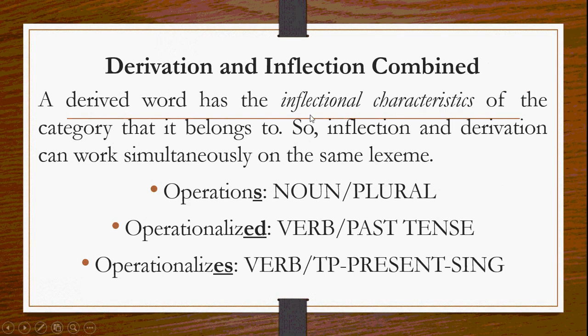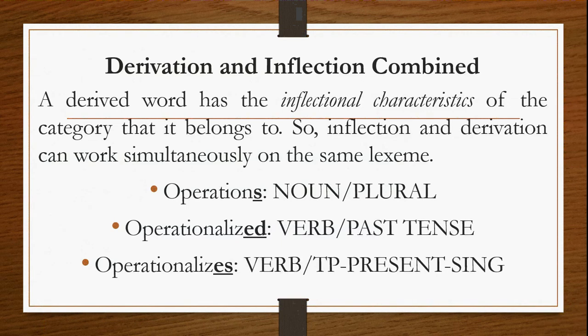All right, so derivation and inflection combined. Traditionally, linguists, when they talk about morphological processes, like to separate inflection from derivation. But normally in practice, those two processes are combined. Normally they work at the same time.